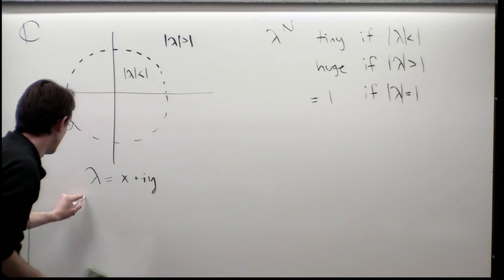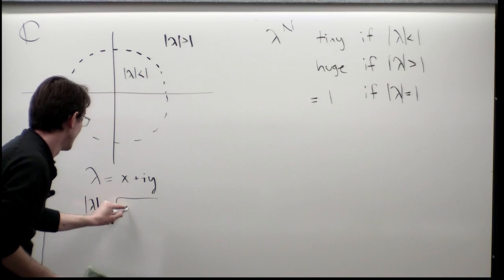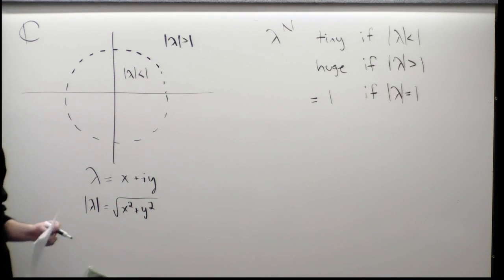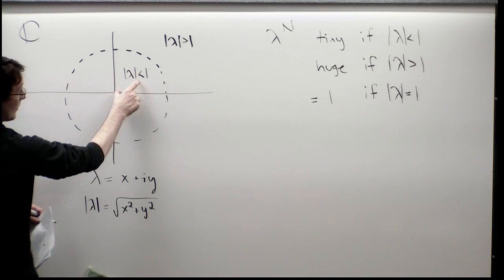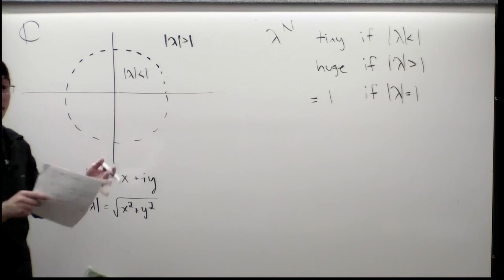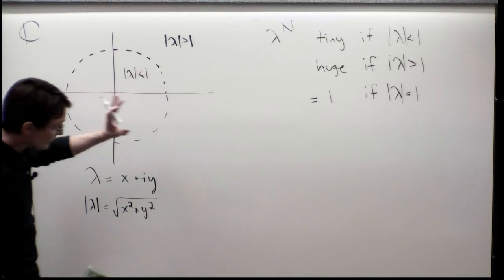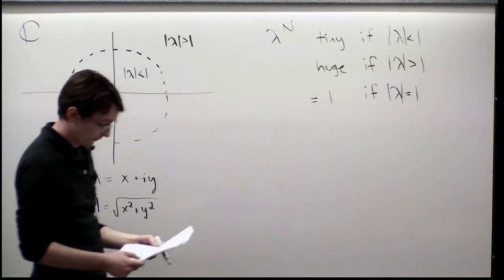Okay, so the length of lambda is equal to the square root of x squared plus y squared, right? So if this number is small, then multiplying it multiple times is going to get something smaller and smaller and smaller. So this is how it generalizes to complex eigenvalues, okay?